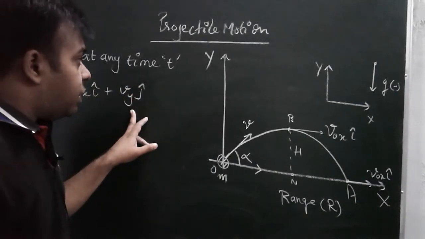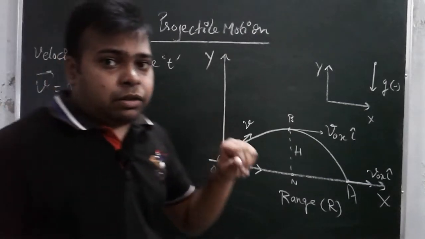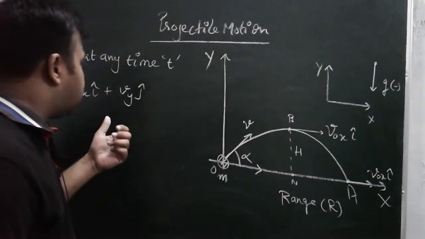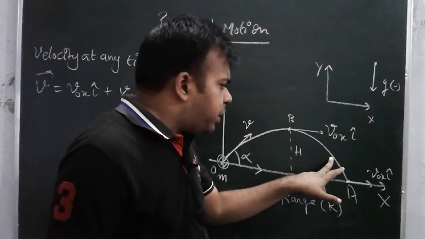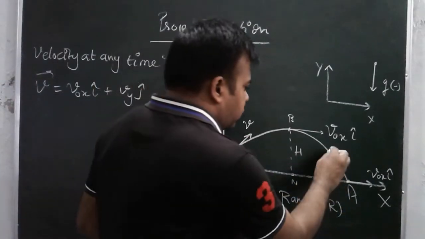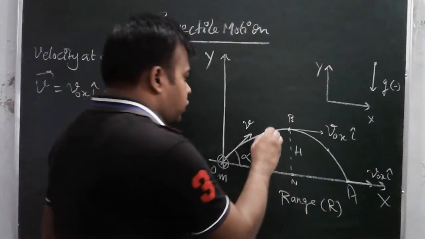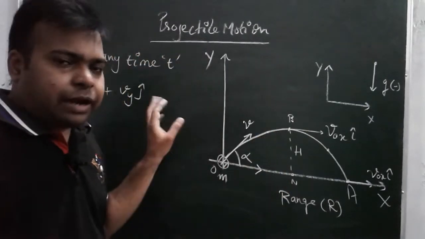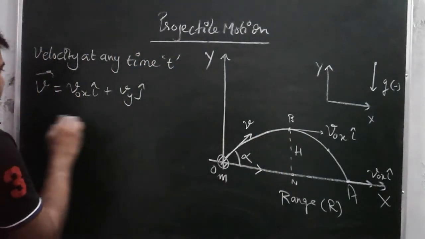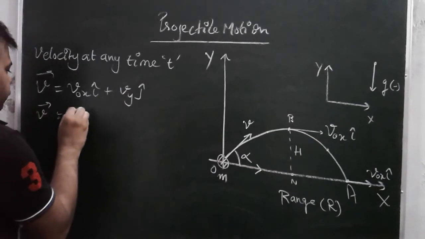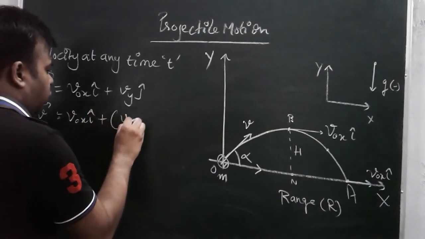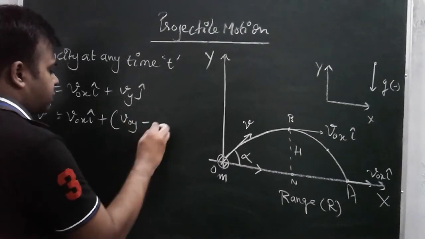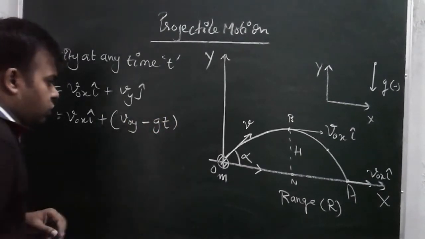What is Vy? Vy at any time t is the velocity of the ball in the vertical direction at any point. So this velocity can be written as the vector V equals Vox i cap plus, and this will be Voy minus gt, j cap.